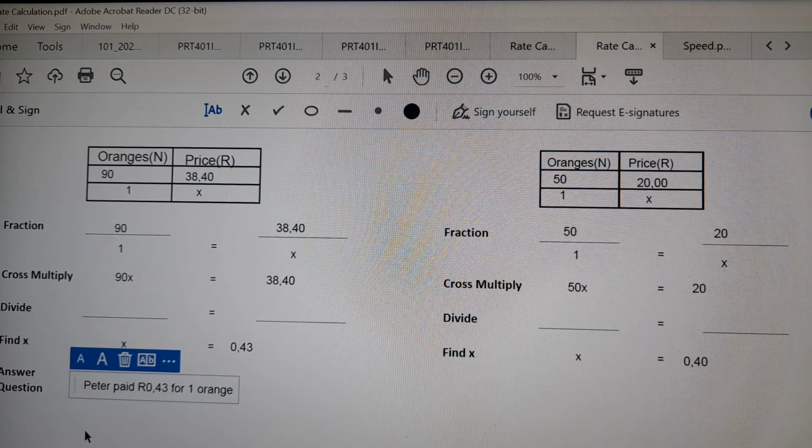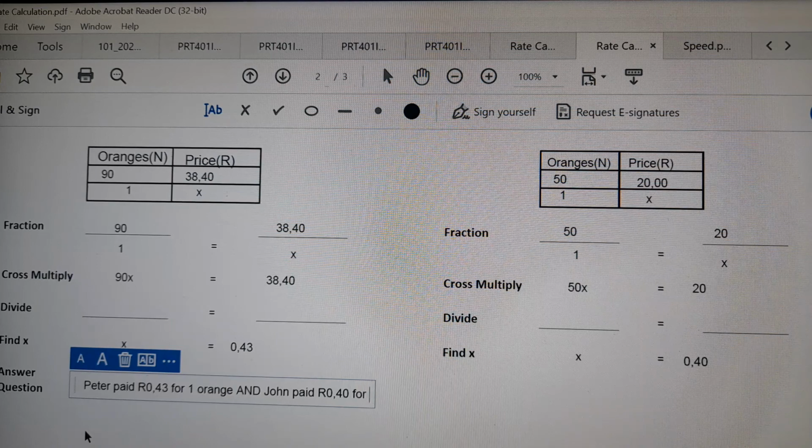And remember, there were 2 statements, so I'm going to have 2 answers. And John paid 0.40 for 1 orange.